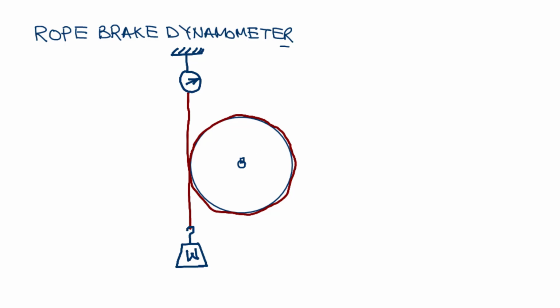Now the radius of this pulley or brake drum, this is radius R, and the rotation of this pulley is in this direction at the speed n. So one end of this rope at A is fixed, and at the other end the weight W hangs.